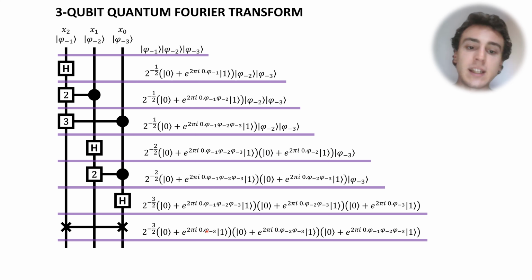So we're constructing that bit string. And we can also think of that as shifting. We are multiplying by a power of 2, and that shifts the entire bit string. So that is the 3-qubit quantum Fourier transform explained in this step-by-step format. Now let's move on to the 4-qubit quantum Fourier transform.